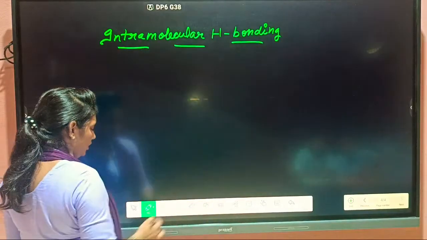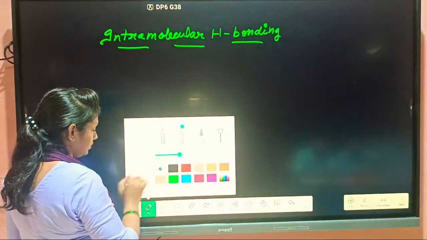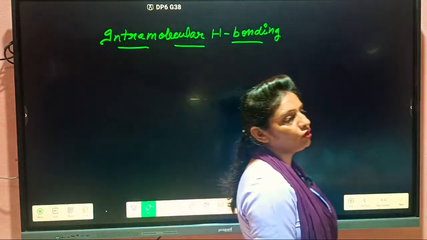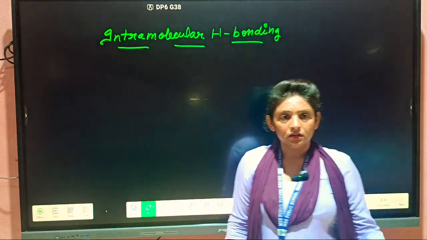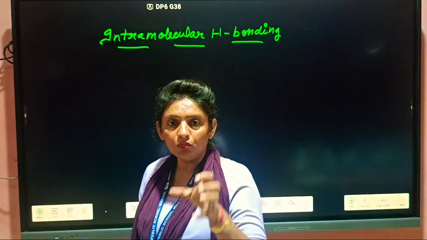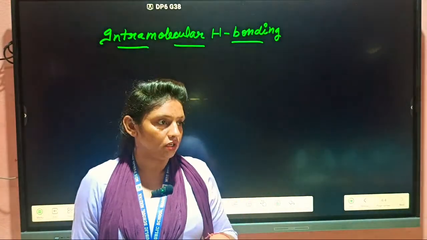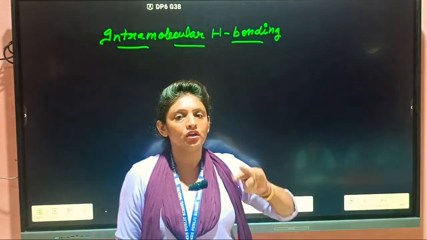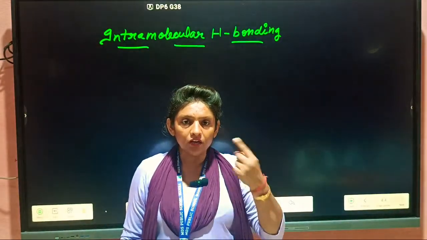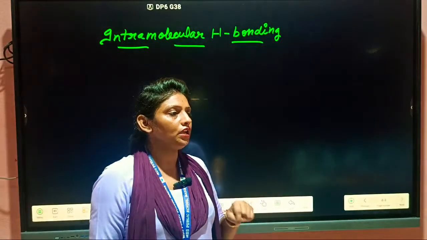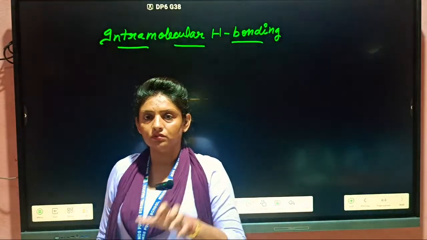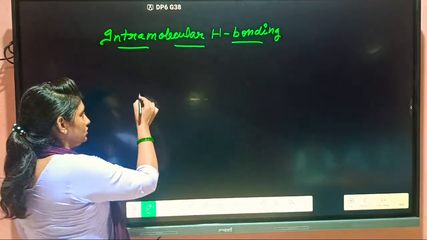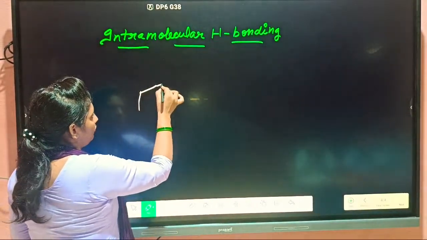Intramolecular hydrogen bonding is that in which formation of hydrogen bond takes place within the same molecule. Within the same molecule, we will not make the bond between two molecules. In one molecule there will be formation of hydrogen bond. Clear or not? You will understand this with the help of an example.